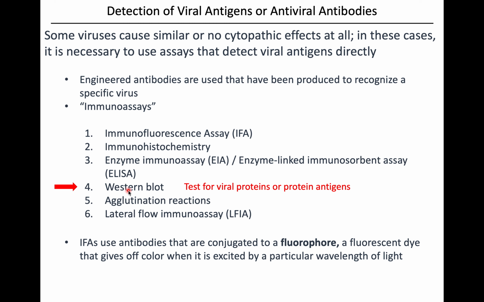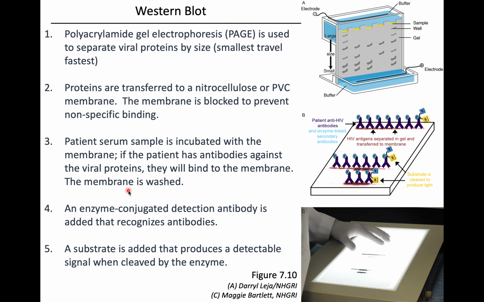Another common one that's kind of an older test is the Western blot, but it does still get used today. And so Western blots are basically tests based off of running proteins through a polyacrylamide gel. So you can separate proteins on a gel based on their size, just like you would DNA samples in an agarose gel.